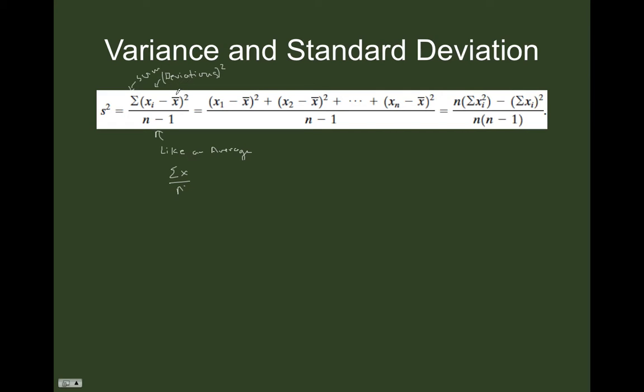In fact, the sample mean is part of the calculation in the numerator. But it is an average, and as a matter of fact, it's like a modified average, sort of like the sample mean. And also there's an n minus 1 here, and the n minus 1 sometimes is confusing to students.